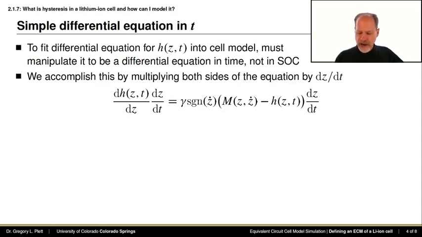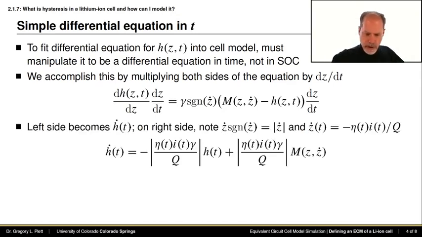Now on the right-hand side, we're going to think of dz by dt in a little different way. We'll notice that we have a sine of z dot times z dot.